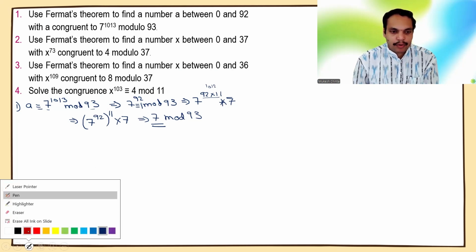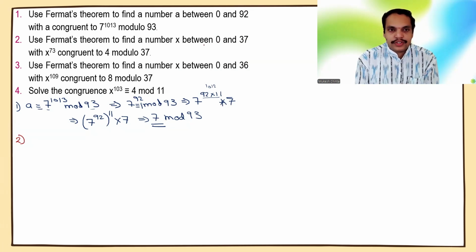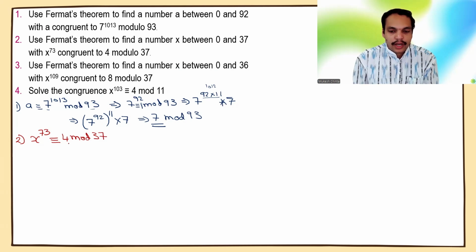Similarly, for the second problem, it is asking using Fermat's theorem, find a number x between 0 and 37 with x power 73 congruent to 4 modulo 37. Now I have to find x here. I need x to be relatively prime to 37, so I can say x power 36 is congruent to 1 mod 37.